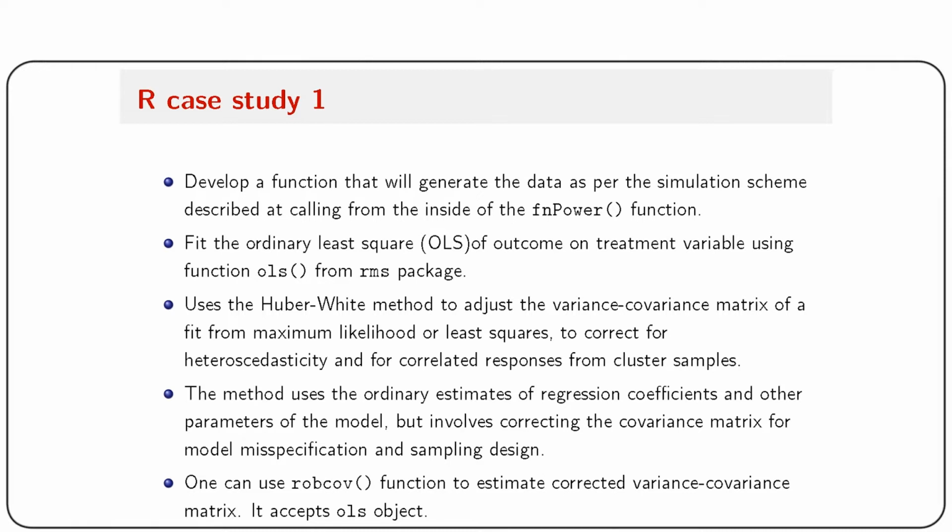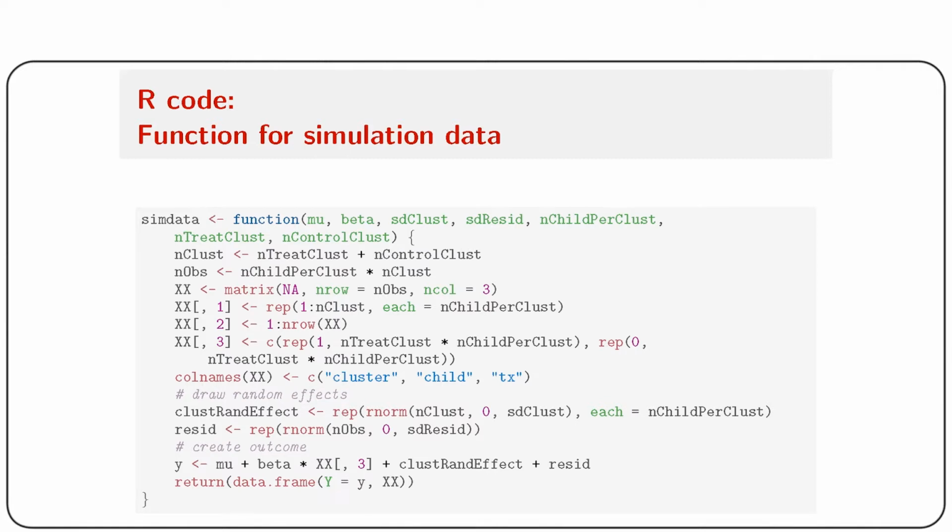The method uses the ordinary estimates of regression coefficients and other parameters of the model, but involves correcting the covariance matrix for model misspecification and sampling design. One can use the robcov function to estimate the corrected variance covariance matrix. It accepts an ols object. So here is the function I am defining.